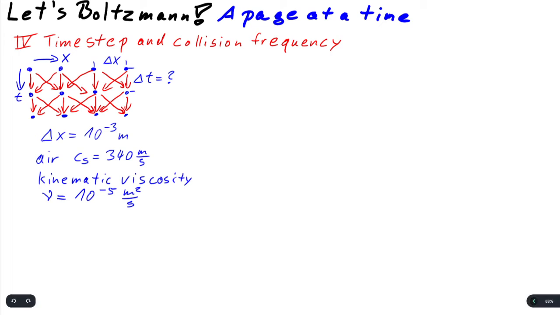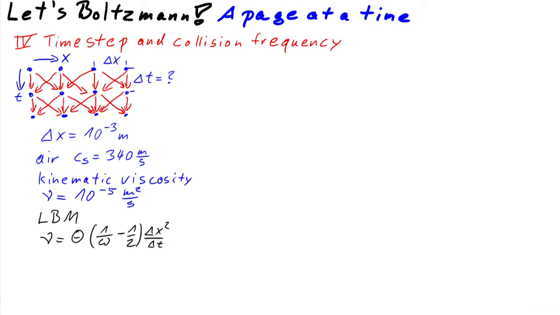So what do we have in LBM? In LBM, we have a viscosity nu that we can calculate as theta, 1 over collision frequency omega minus 1/2, and this multiplied with the grid spacing squared divided by the time step, such that we have the units of a viscosity.